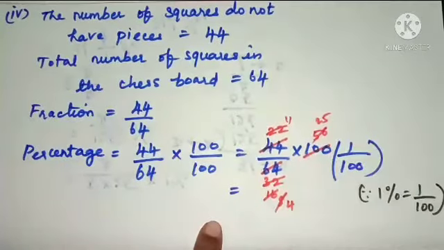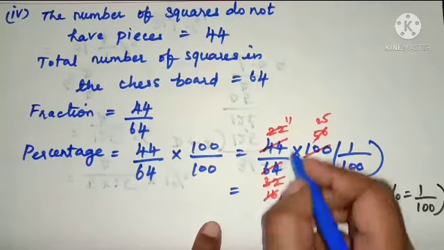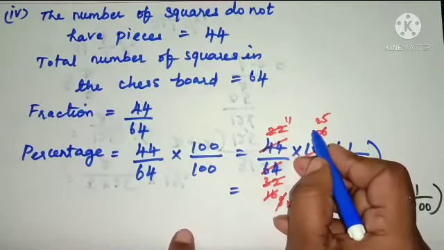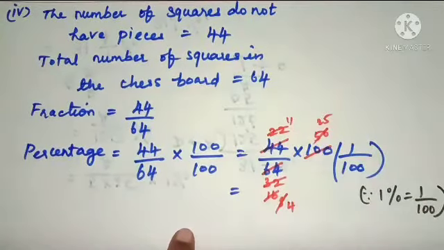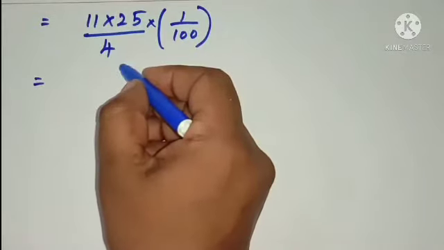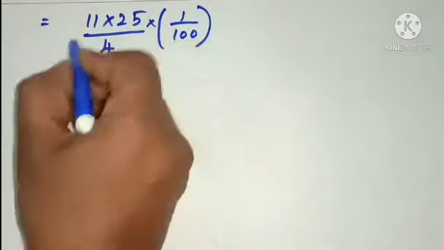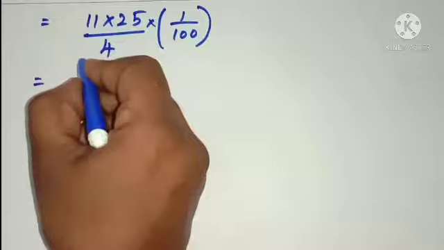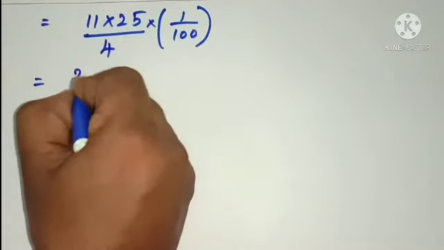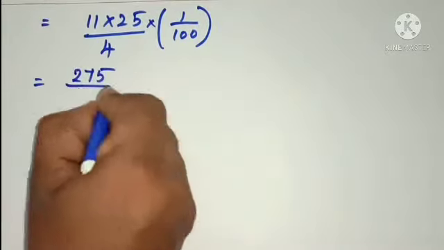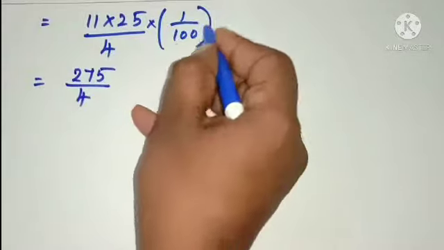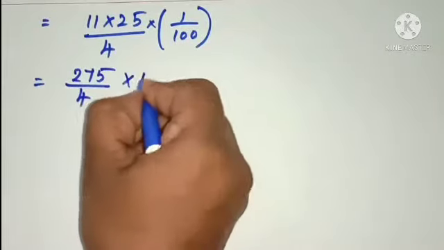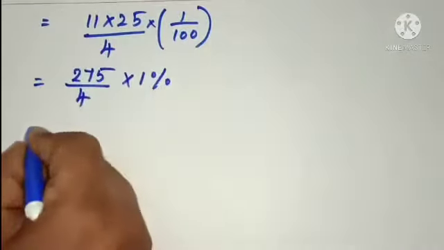So we get 11 into 25 by 4, 11 into 25 by 4 into 1 by 100. So 11 into 25, when we multiply these two values, we get 275 by 4. And we can write 1 by 100 as 1%.